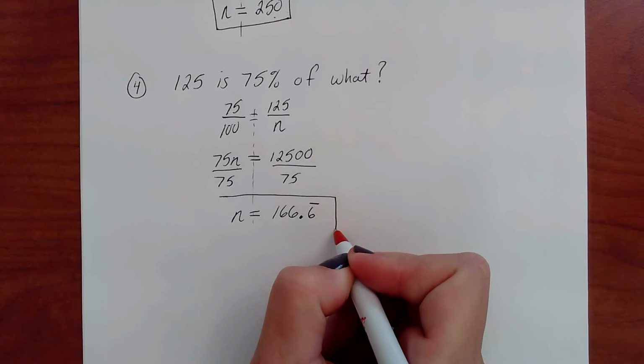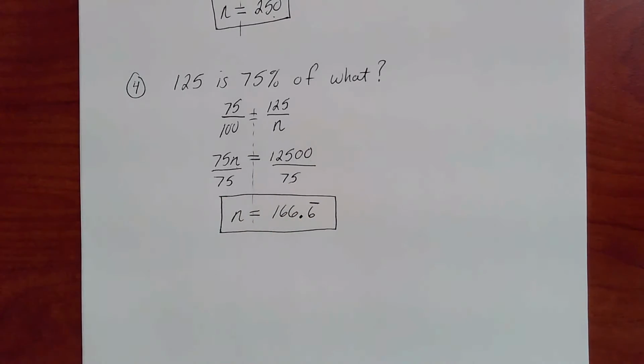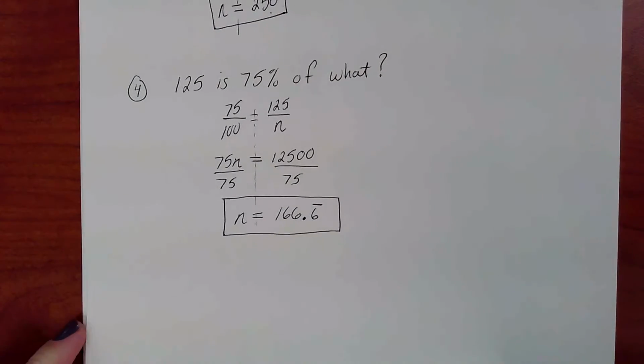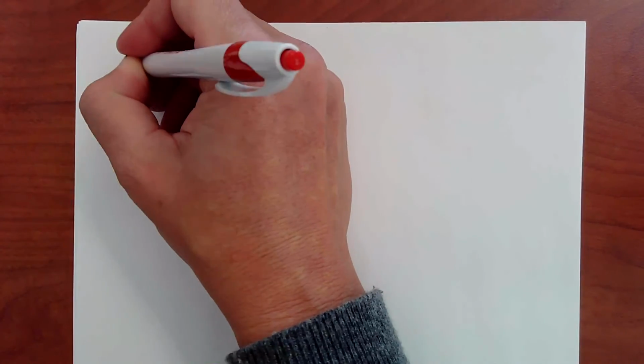Hopefully you remembered to put the repeating bar. Nice. Okay. Now the only other problem we have to figure out is if we don't know the percent. So let's do a couple like that, and then we'll be done.